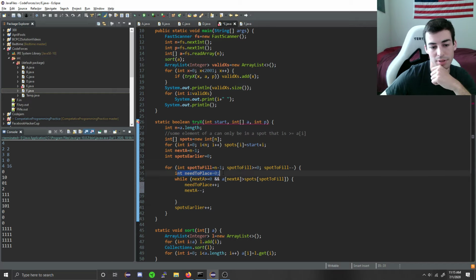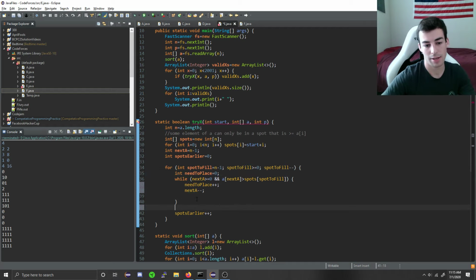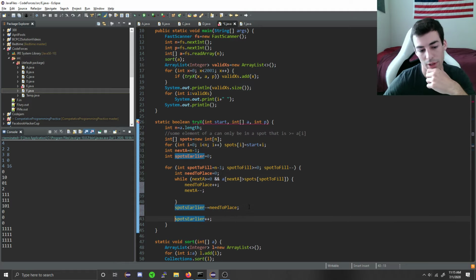Yeah, so now we have all of these things we need to place. Okay, and now spots earlier minus equals all of the things we need to place. Because we need to place them in those spots, we'll lose the spots. And then after we do that, we get this new spot.